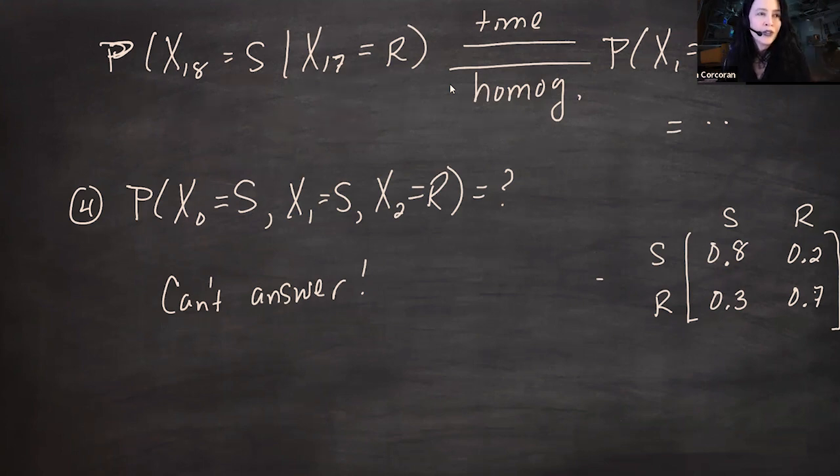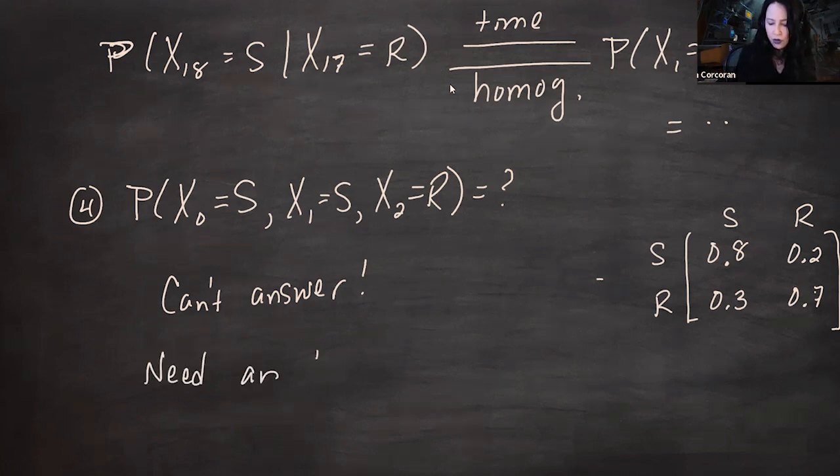We only know about transitioning. If we knew where we started at time 0, if that was given on the right side of a given line, then this would be something we can do. So we're going to need to solve this problem with a so-called initial distribution.